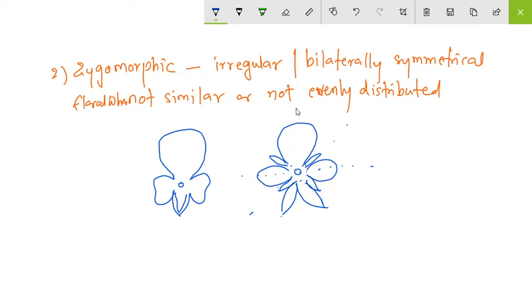Only it is the central imaginary line which produces the two equal parts of the flower. Okay. Only two equal halves, passing through one plane only.